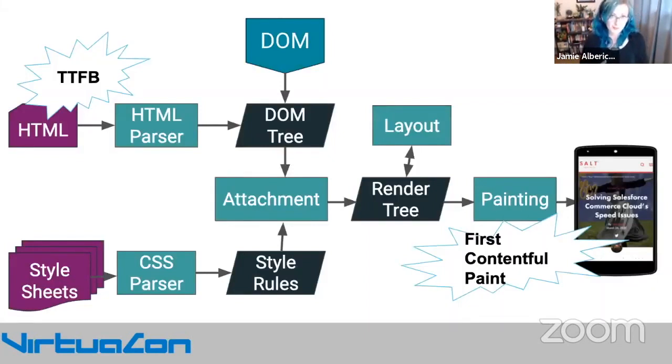So when we look at this from a performance perspective, our initial HTML response is that time to first byte. And when we get to our painting, we have got our first contentful paint. And I show you our above the fold render content here, and JavaScript actually can extend further out into that. So for sake of simplicity, we're going to leave that there.